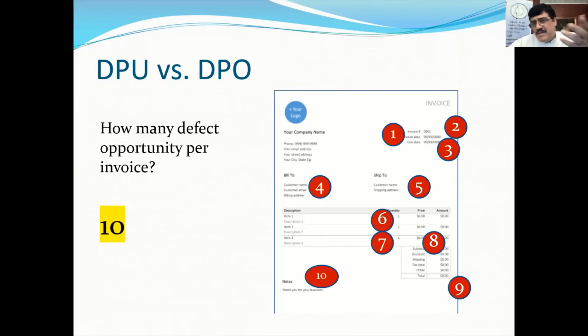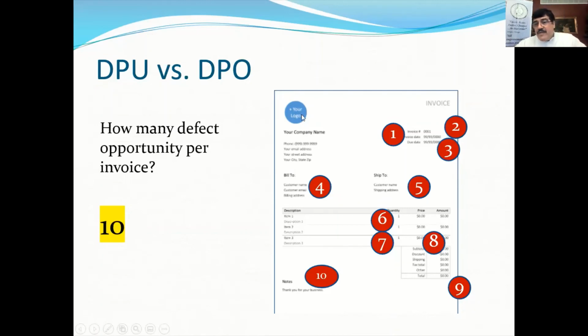A threat may be a better word, but in English, opportunity can be negative and it can be positive anyway. Maybe here's another thing, the invoice date. That's an opportunity to make a mistake. Maybe the due date, you'll make a mistake here and so on. The bill address, the ship address.